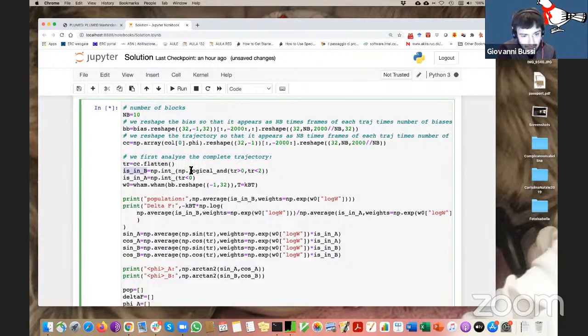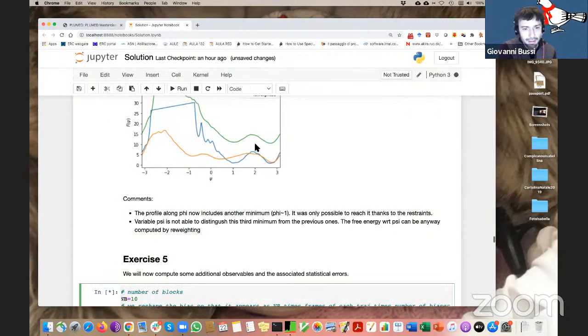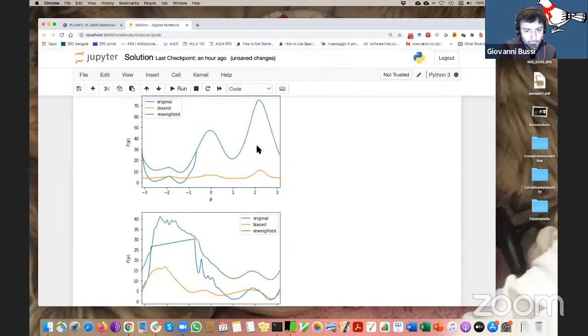You see that if I put this together, they don't cover all the cases. 0 is not included in any of them, but that's just a single point. Doesn't matter. Points greater than 2 are not included anywhere. Maybe it could have made sense to include points greater than 2 into basin A. I didn't do it here for simplicity.